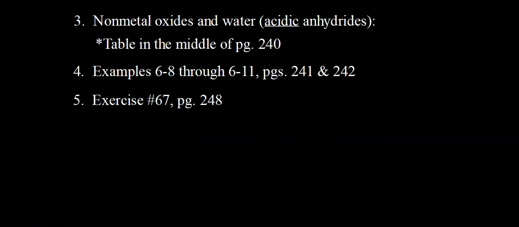The nonmetal oxides, also known as acidic anhydrides or acidic oxides, will react with water to produce an acidic solution. So there's some examples on page 240. We've seen quite a few over the last couple weeks. Remember that thing with the oxidation numbers that's shown as well on page 240. Go to 241. There's some more reactions there, the first one being nonmetal oxide and water.